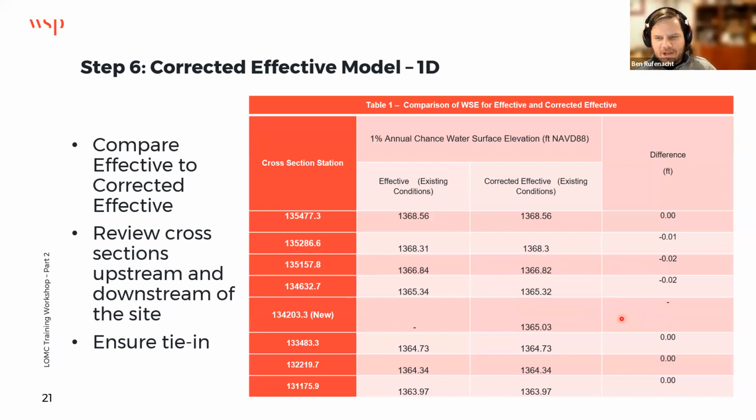So we'd be expanding the location of our LOMR and making our review process more difficult and making our due diligence process more difficult, because we'll be impacting more properties. So we definitely want to make sure that the top and the bottom cross sections here are 0.